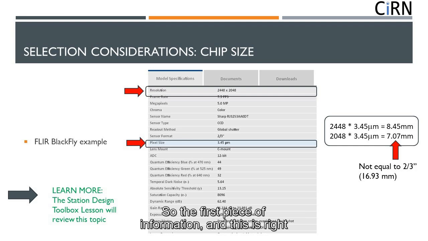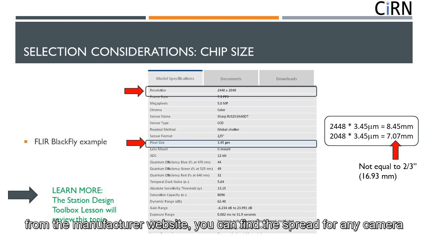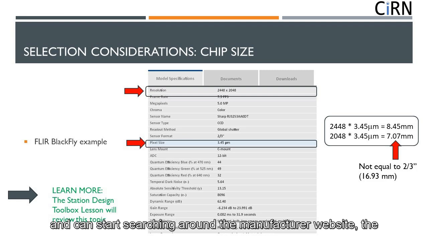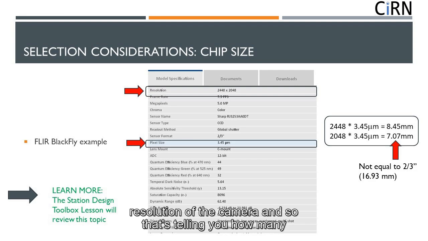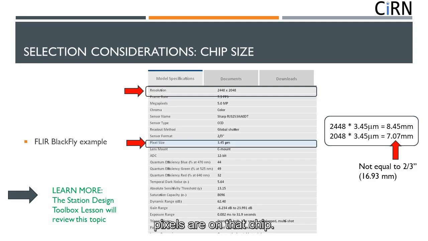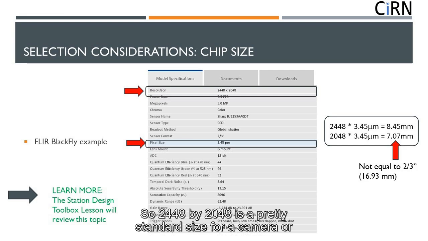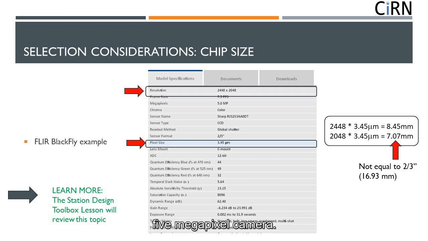So the first piece of information, and this is right from the manufacturer website, you can find this for any camera if you start searching around the manufacturer website, is the resolution of the camera. And so that's telling you how many pixels are on that chip. So 2448 by 2048 is a pretty standard size for a 5 megapixel camera.